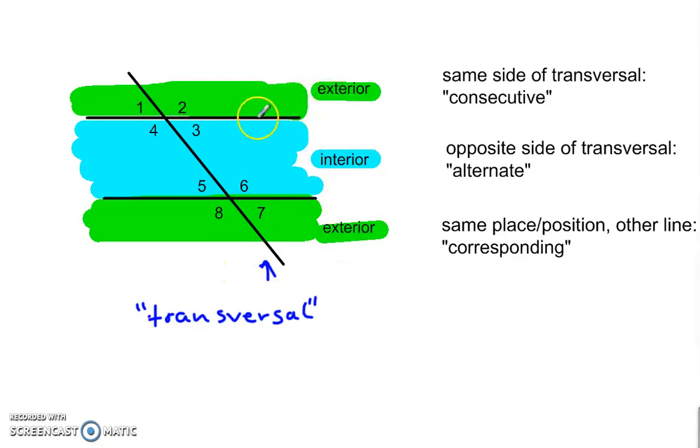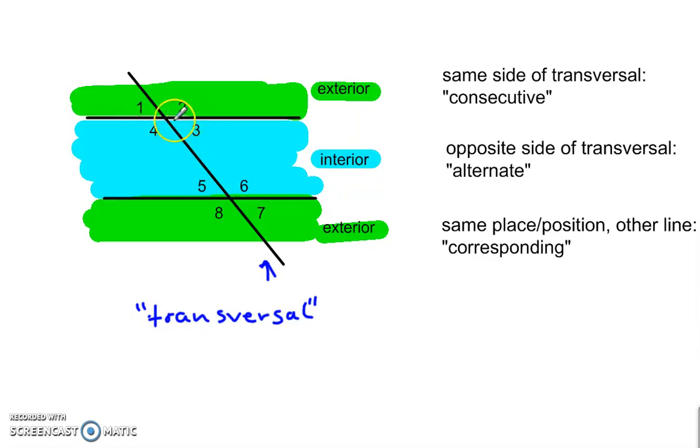Just a few terms that you need to know. On the outside of these 2 parallel lines, we call that the exterior. On the inside, we call that the interior. If angles are on the same side of the transversal, like 2 and 7, which are both on the right side of that transversal, call those consecutive. So those would be consecutive exterior, or 3 and 6 would be consecutive interior angles.